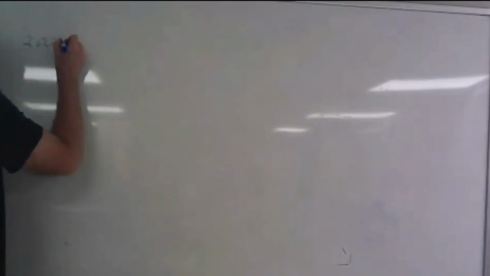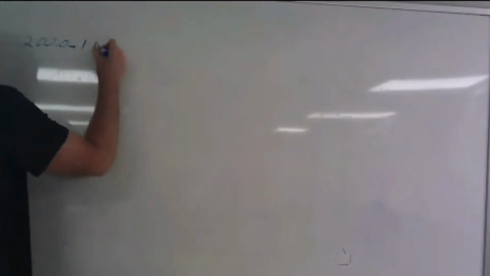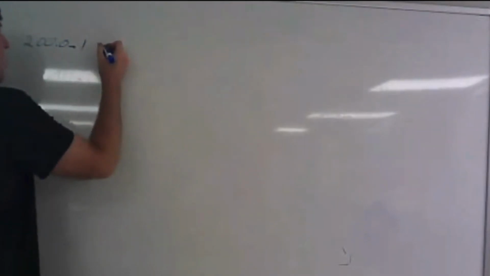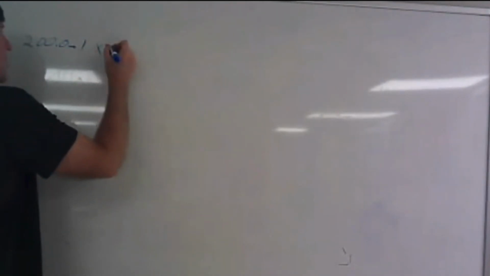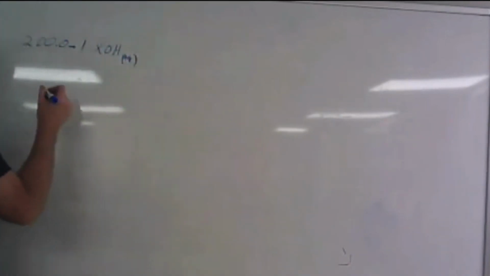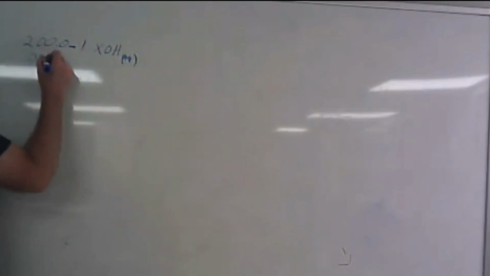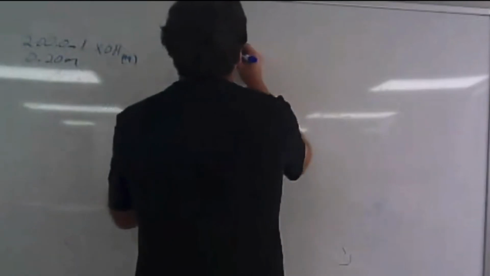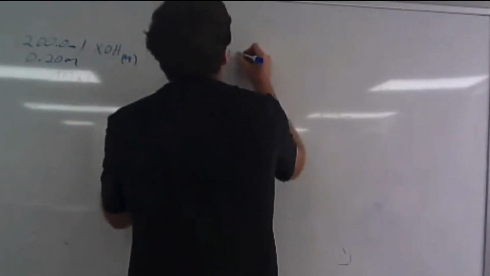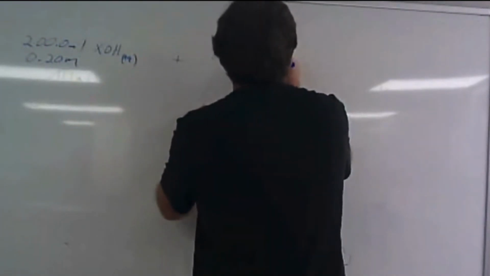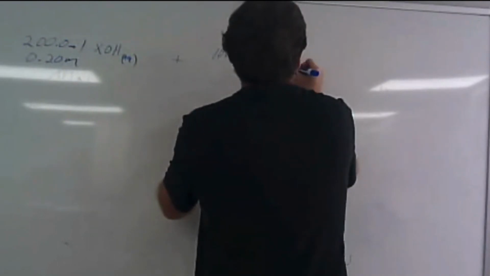Let's go 200 mils of base. We're going to call it XOH. And we're at 0.20 big M plus 100 mils of X. Let's go HX aqueous.